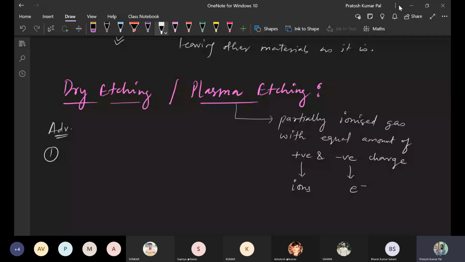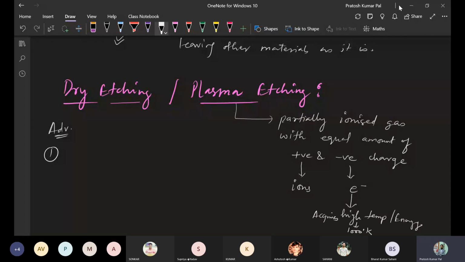These electrons have lower mass, so they require high energy, or we can say high temperature, and the temperature required by these is around 1000 degree Kelvin.